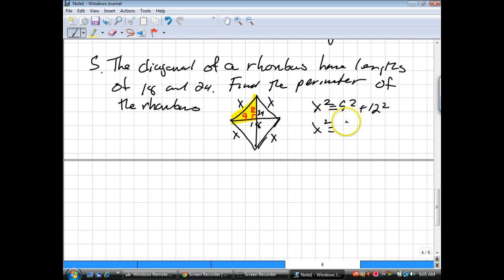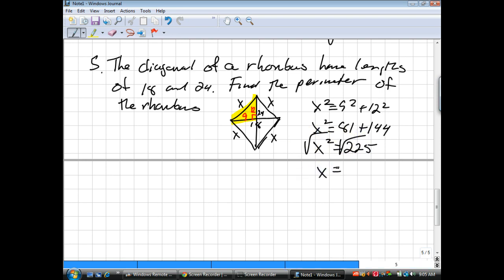So x squared equals 81 plus 144. So x squared equals 225. Take the square root of both sides. And so we get x equals 15.